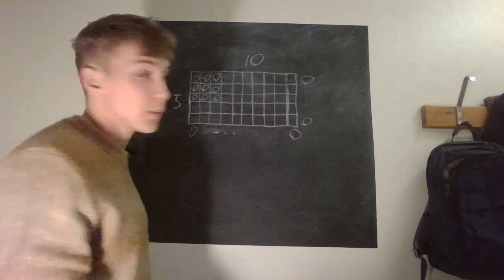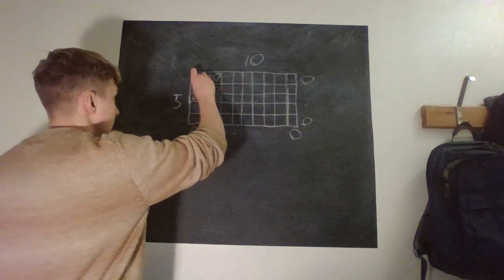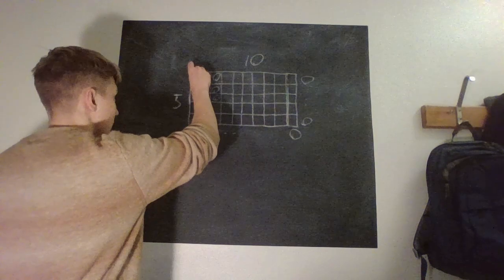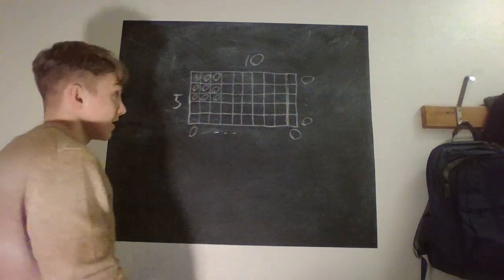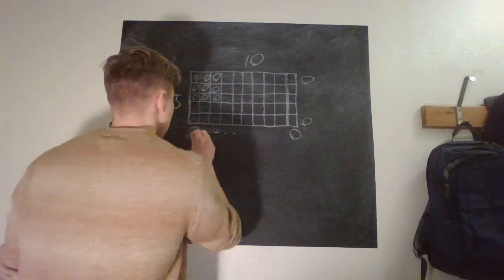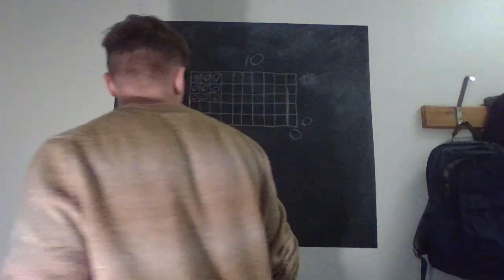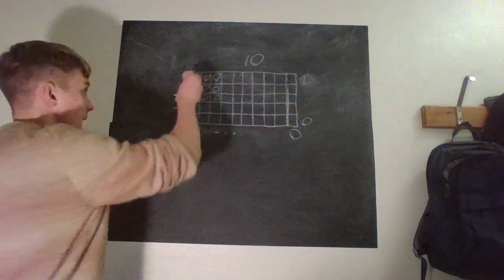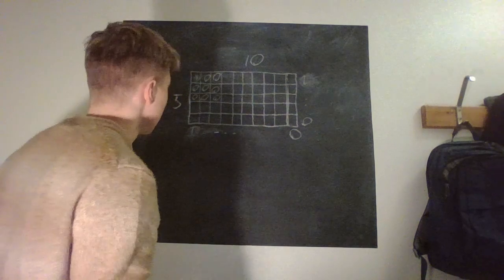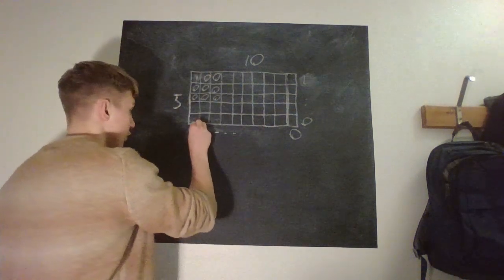Now, if you were to switch an even number for an odd number, what would happen then? Then you would make the row and the column of that square both odd. So if you were to switch one of these to a 1, you would switch the parity of its column and its row.